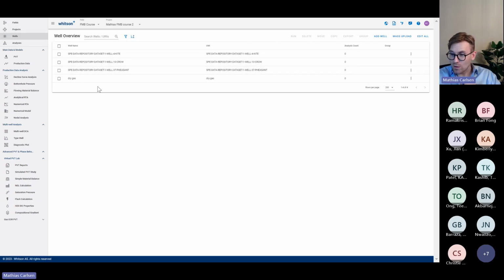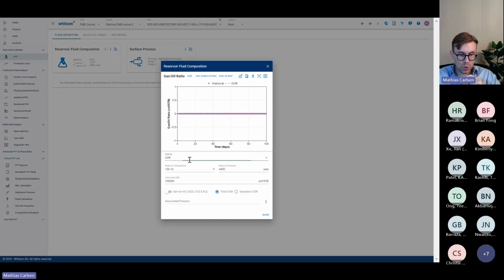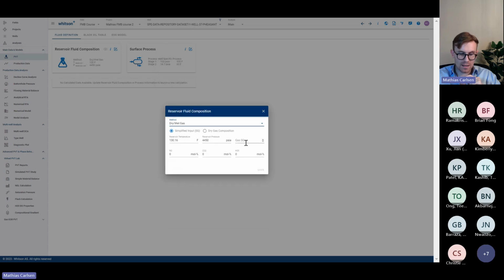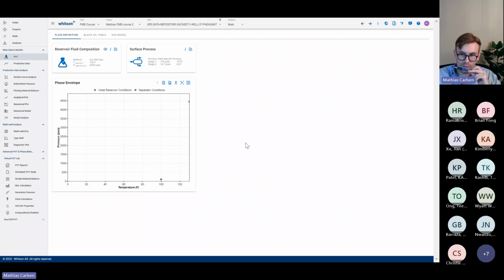So the last thing we're going to do is the pheasant well in PVT. Change from the GOR method to the dry and wet gas and just make it 0.6. That's how it is for these type of fluids.